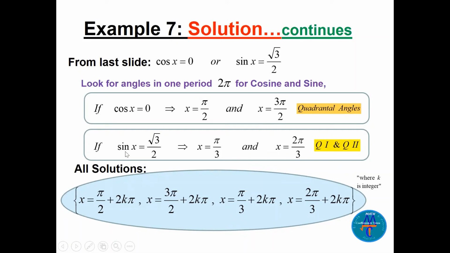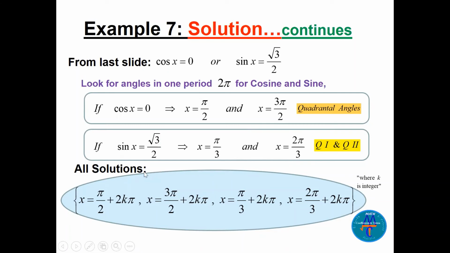If sine of x is equal to square root of 3 over 2, then x will be pi over 3 and x will be 2 pi over 3. This is in quadrant 1 and quadrant 2. So the reference angle here is pi over 3. And remember, in quadrant 2, the angle itself will be pi minus the reference angle pi over 3, so the angle will be 2 pi over 3.